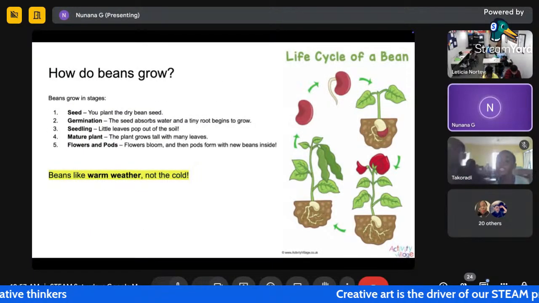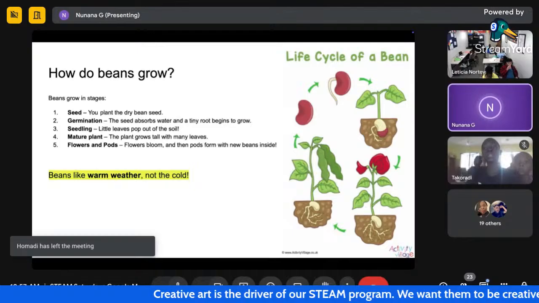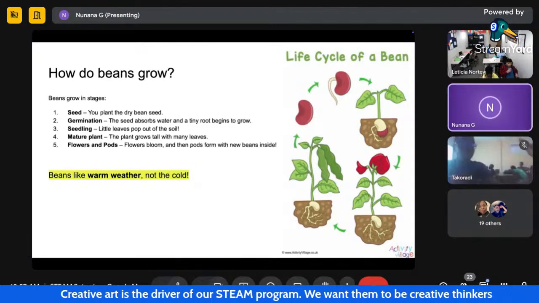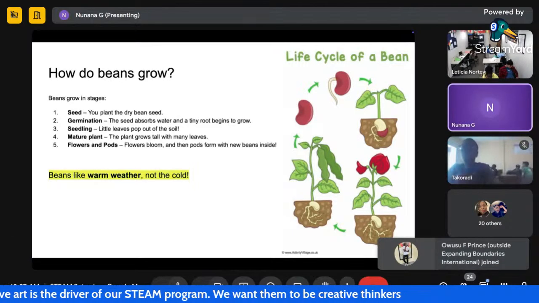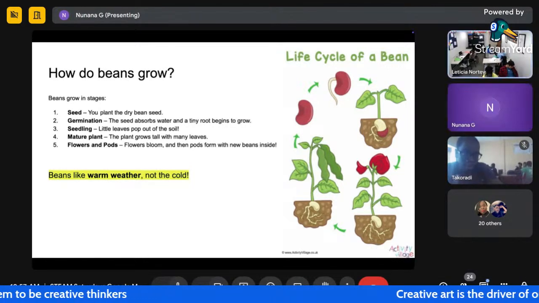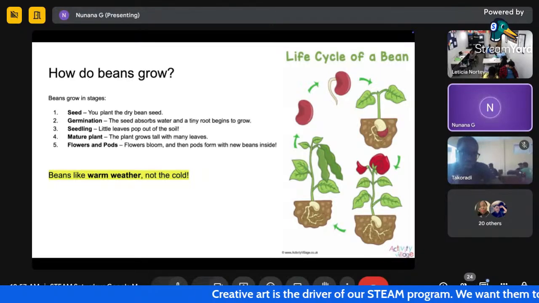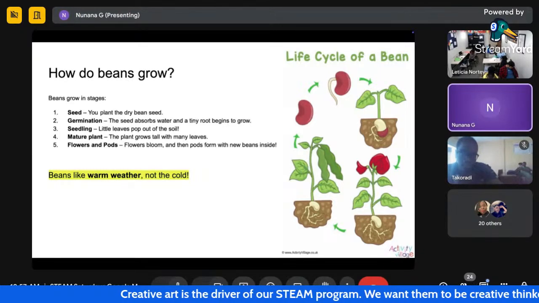So, how do beans grow? Beans cycle. We know that beans need the sun, or every plant needs the sun. They need soil, they need water, they need a place to grow freely. First, you start with planting the seed into the soil, right?